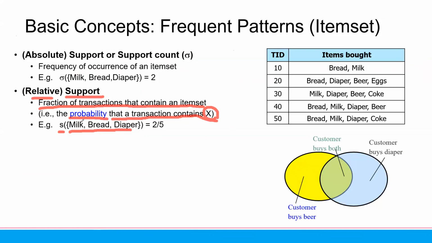I would like to check milk, bread, and diaper. As we learned from the previous table, bread, milk, diaper appears in 2 out of 5 transactions.